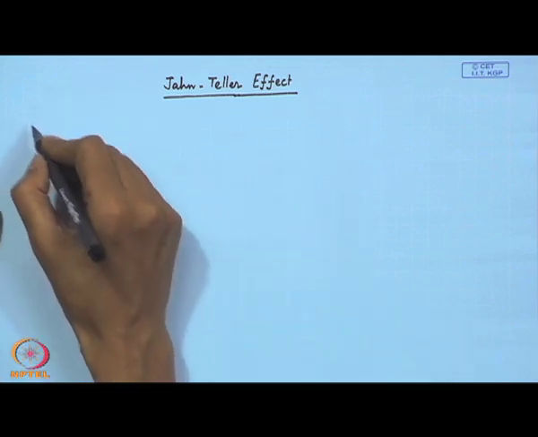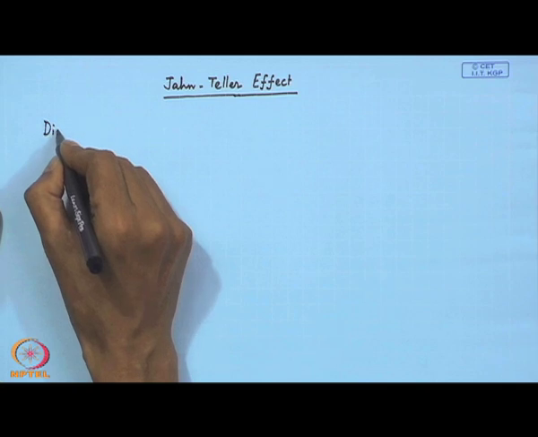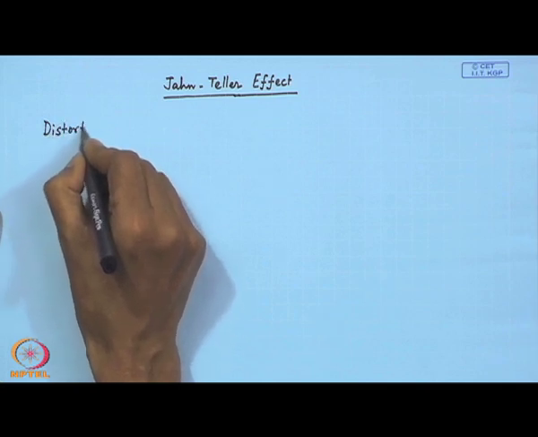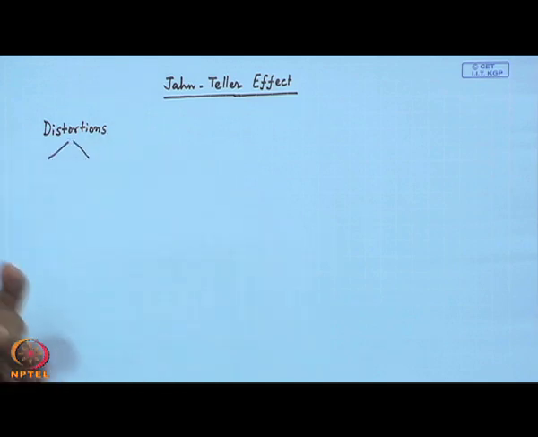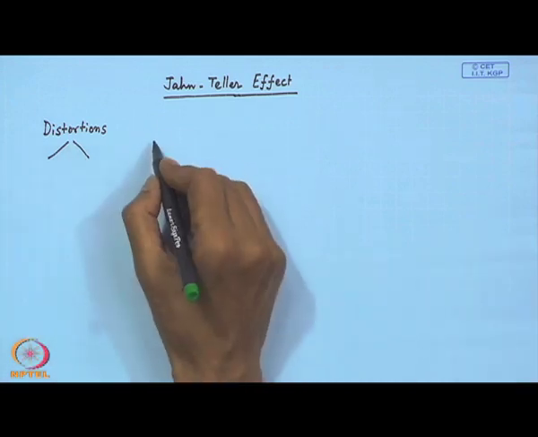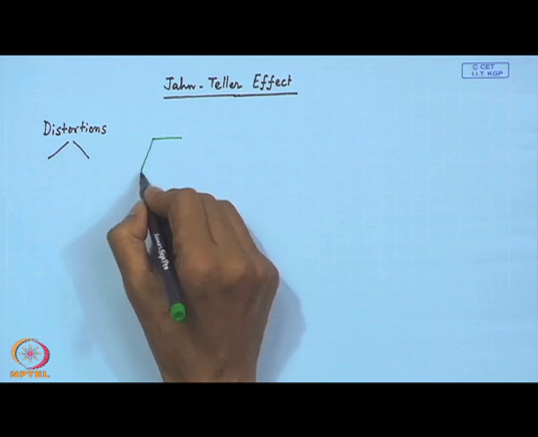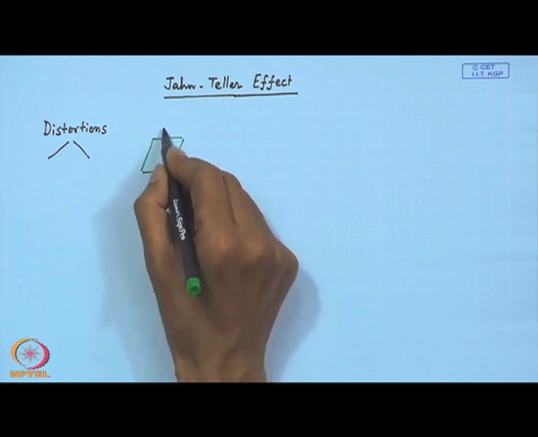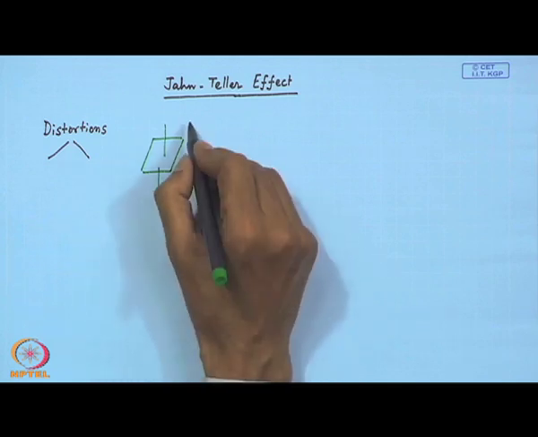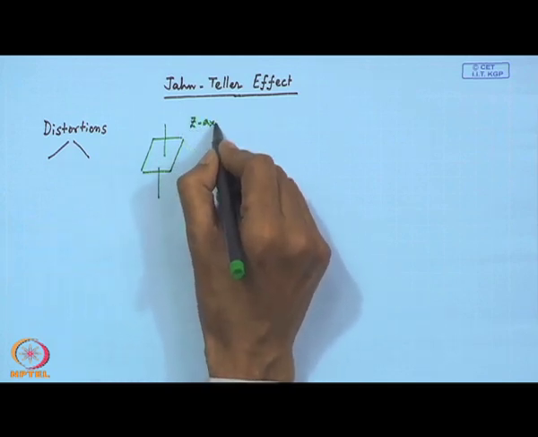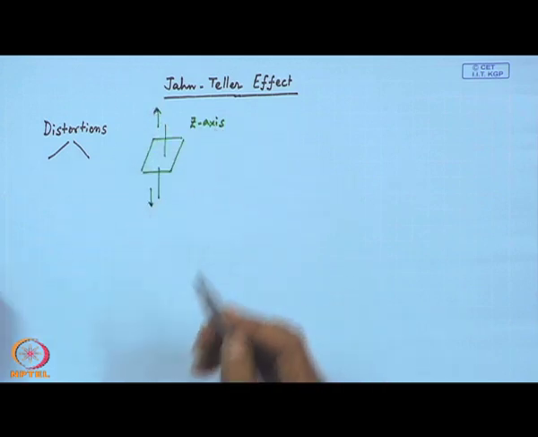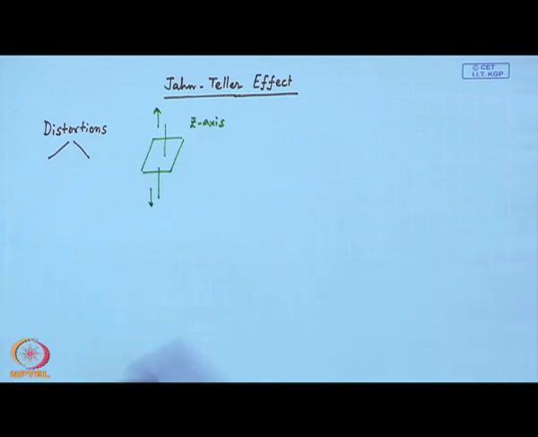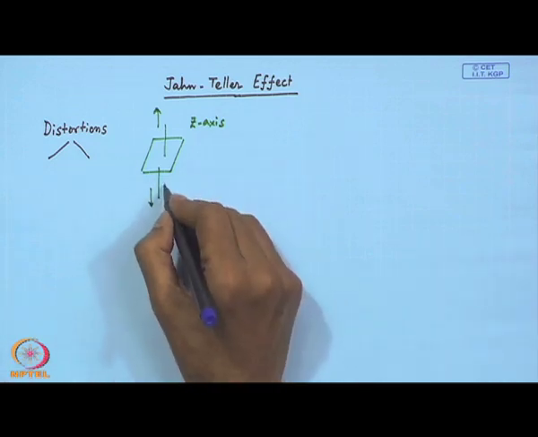For the two types of distortions we have seen so far, which are basically tetragonal type, if we consider an octahedral geometry and the z axis, it is either elongated or compressed.